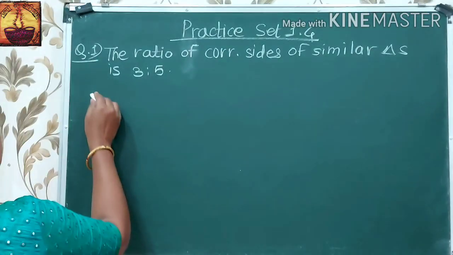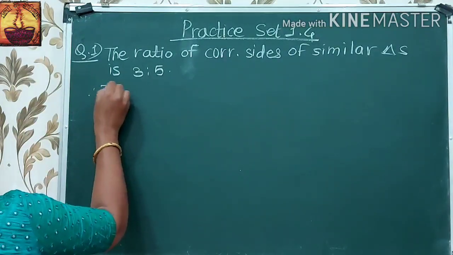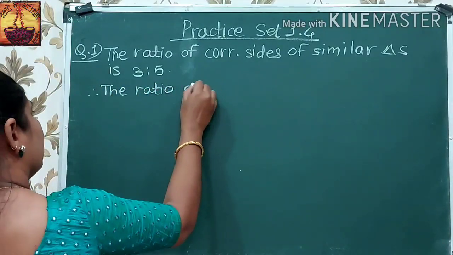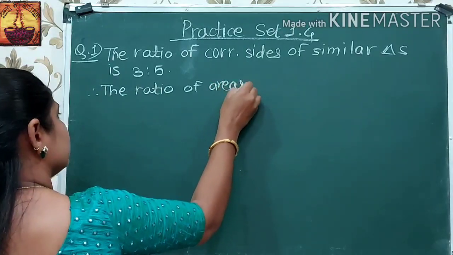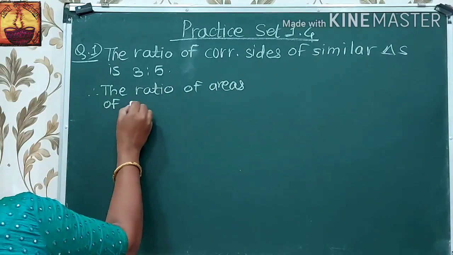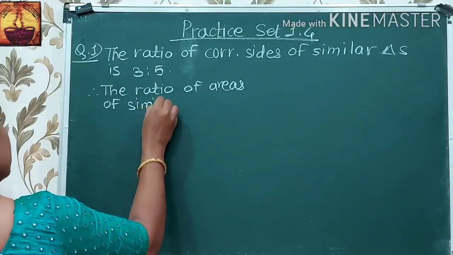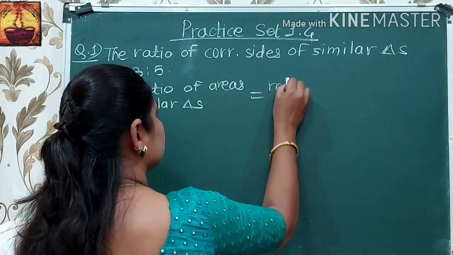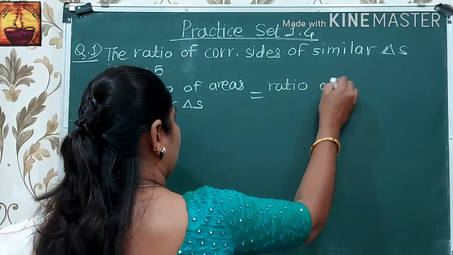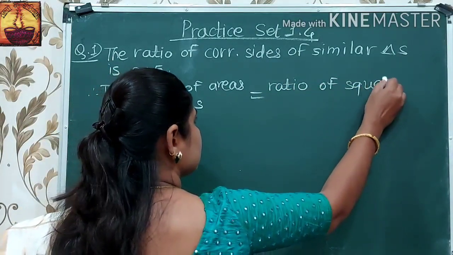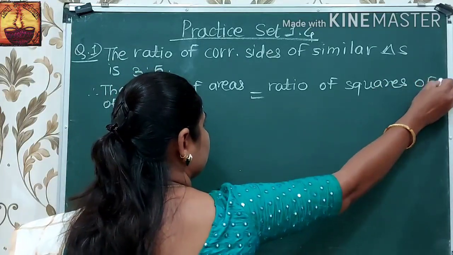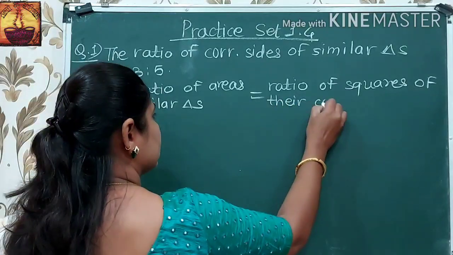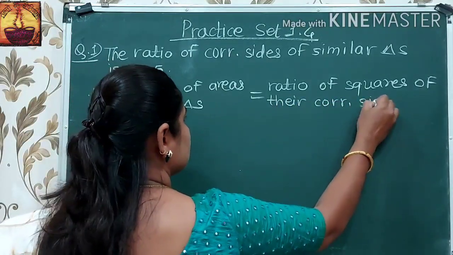Therefore, we know that the ratio of areas of similar triangles is equal to the ratio of squares of their corresponding sides.